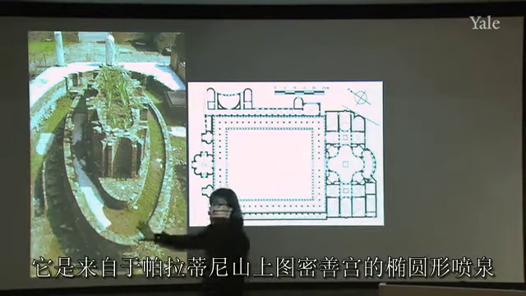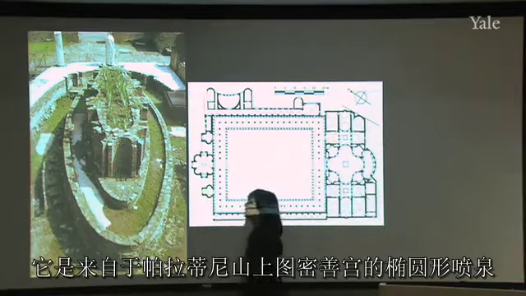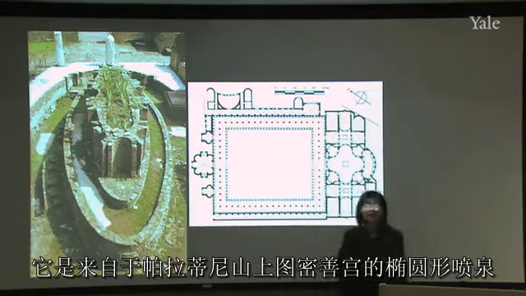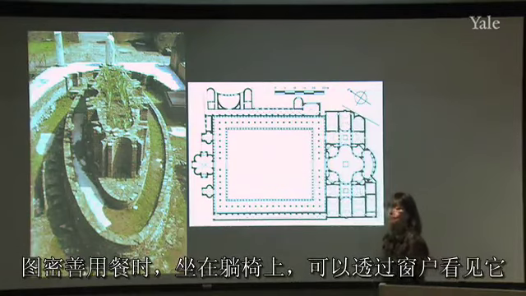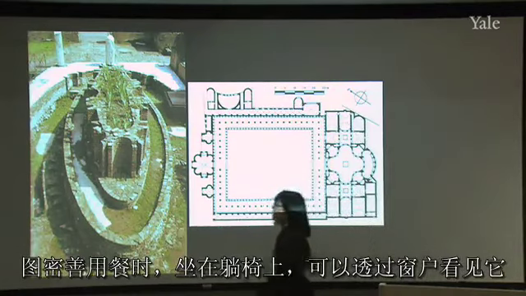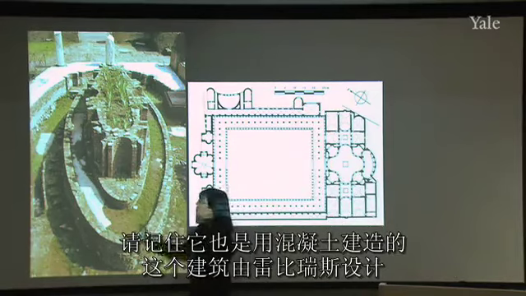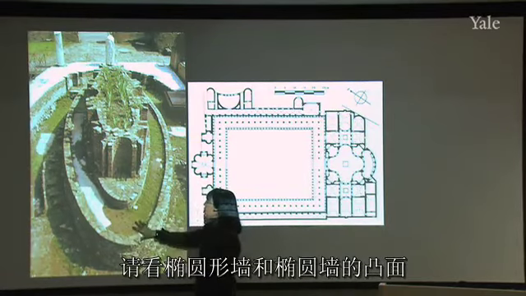On the left-hand side of the screen, you all remember this. This is the elliptical fountain from the palace of Domitian on the Palatine Hill, that he could see through his window out of the triclinium when he dined. And you'll remember here also, made out of concrete construction, designed by Rabirius, you see the elliptical wall and the convexity of that elliptical wall.